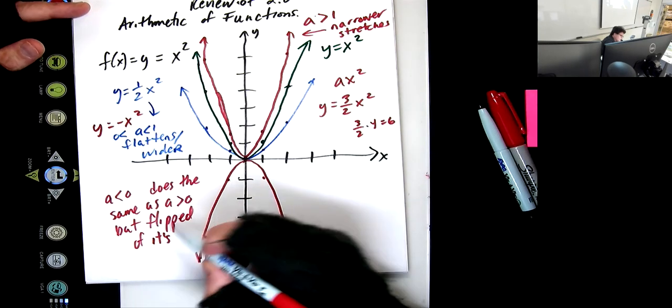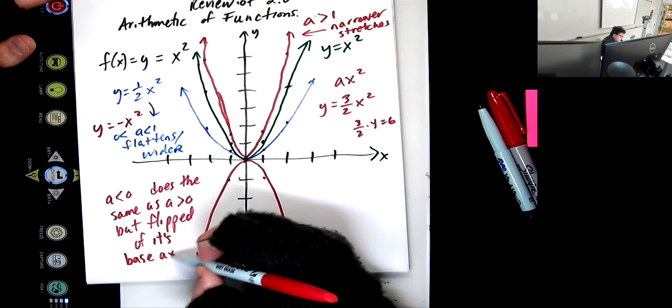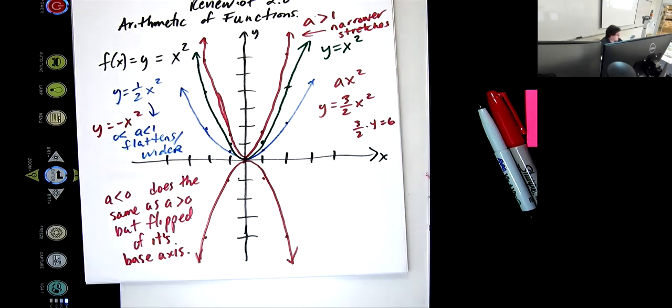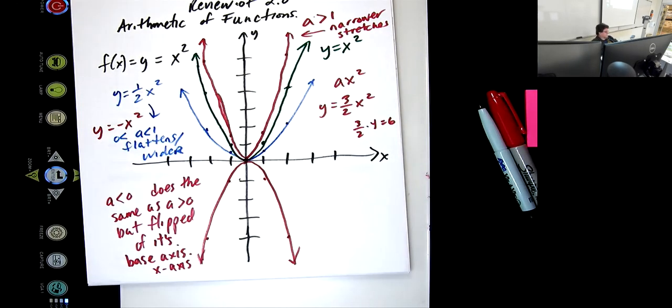I'm going to say flipped over its base axis. Because when we translate it, if we move this, it still shifts it from the new spot, not from here. In this case, x. This is true for any of the functions that we're looking at.